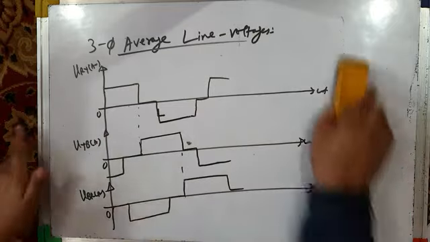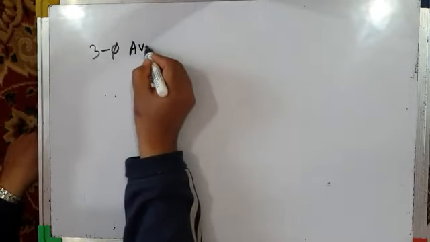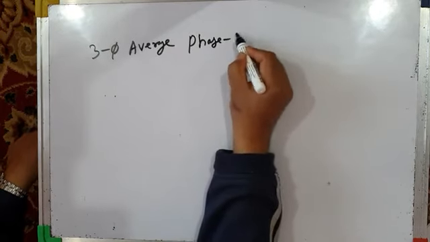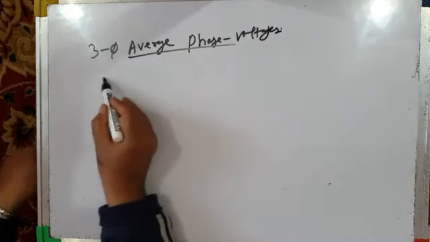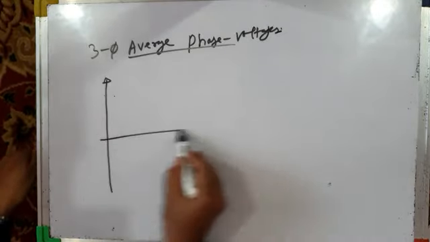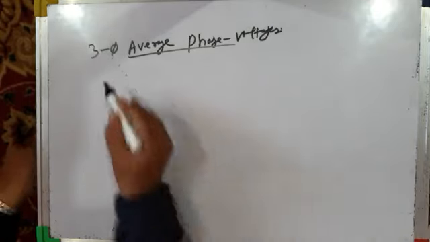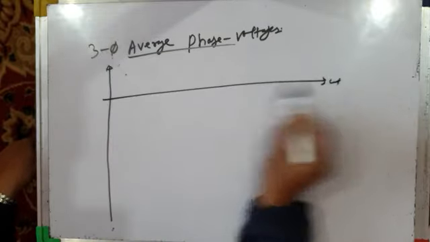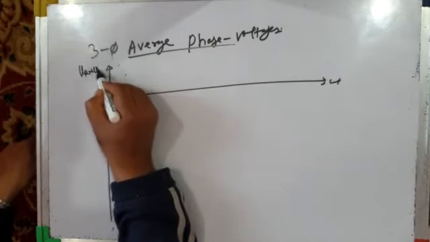Okay, what about three-phase average phase voltages or line to neutral voltages? So they will be something like this. I can show them. This is average line to neutral voltage or average phase voltage VRN average.